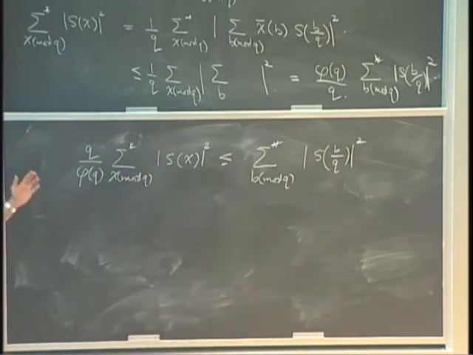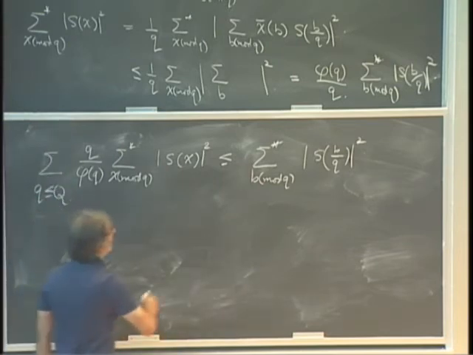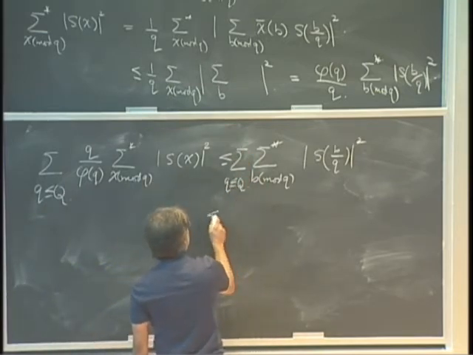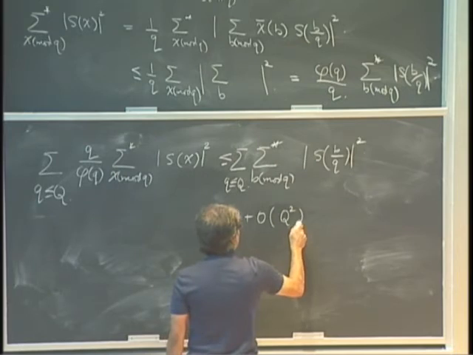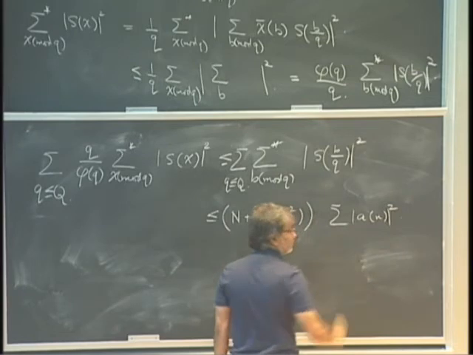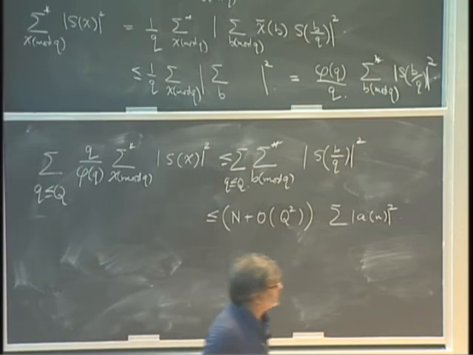And now I can sum this over all Q up to Q and use the additive form of the large sieve, which by the large sieve is bounded by the square. Right?